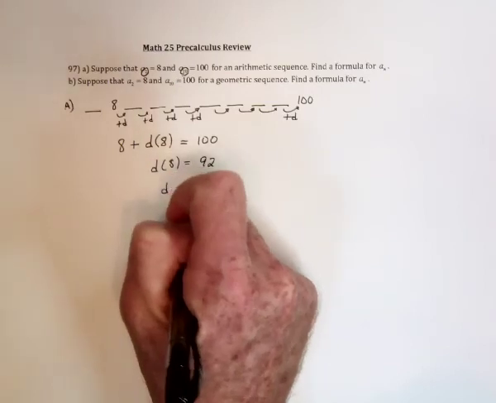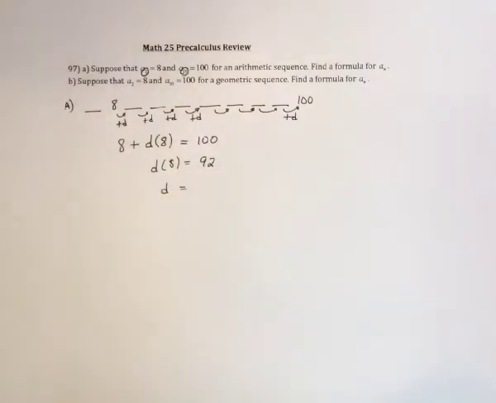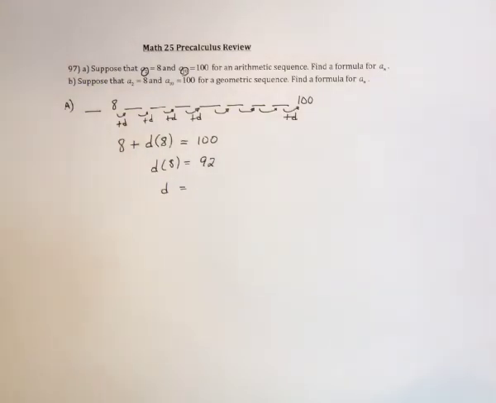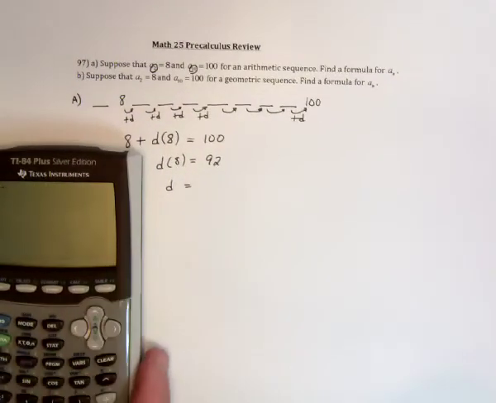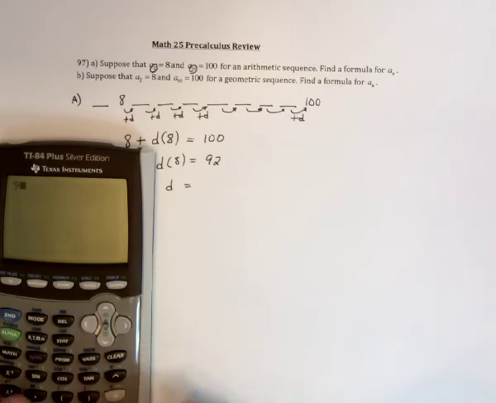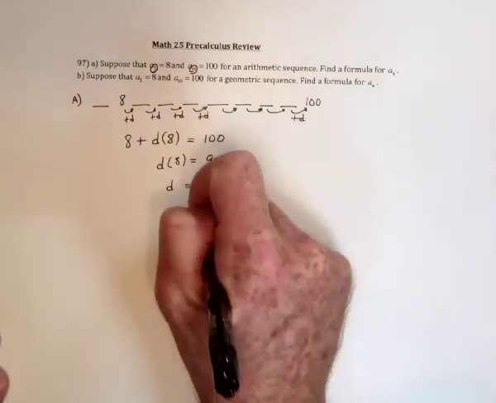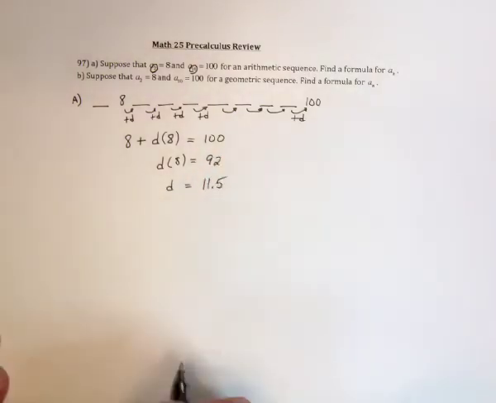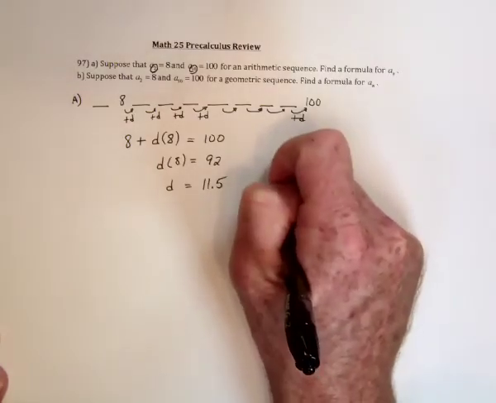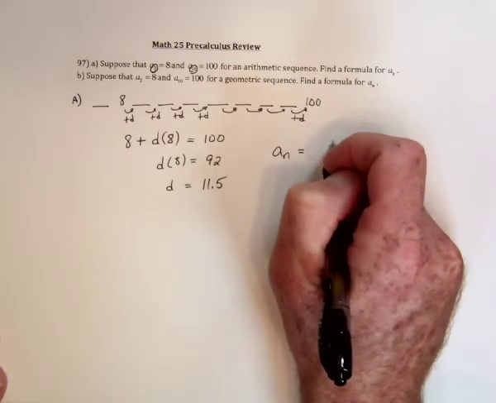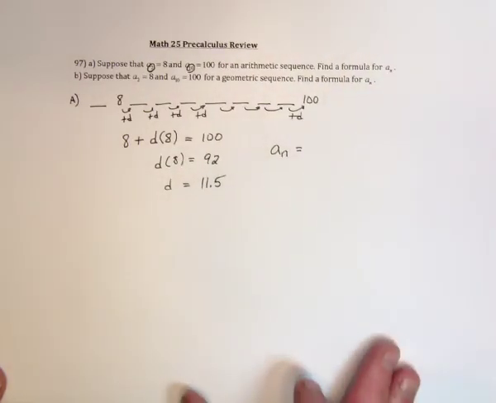I don't think that divides evenly. I think a 96 would divide evenly. There we go. So 92 divided by 8, 11.5. That's fine, you're allowed to have decimals or fractions. Okay, so then the formula is going to look like an is going to be the first term. Uh-oh, we're missing the first term.